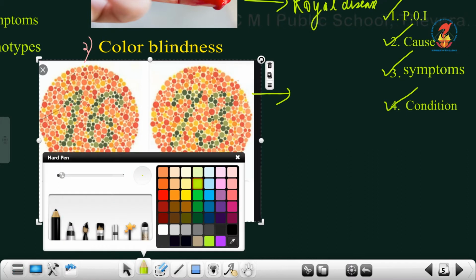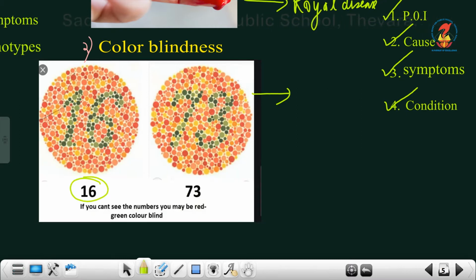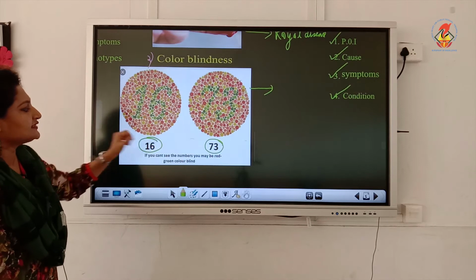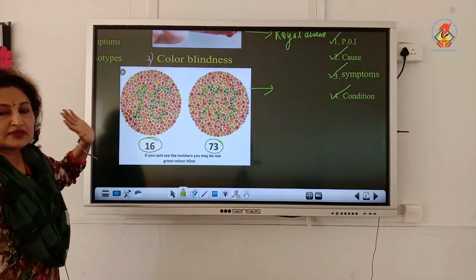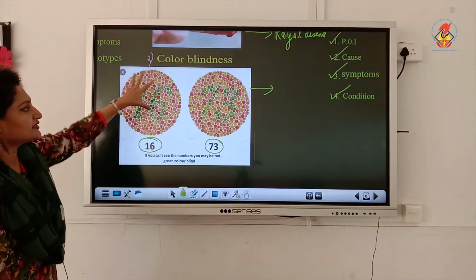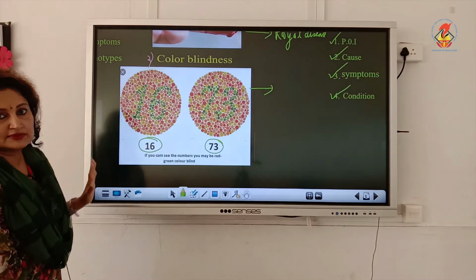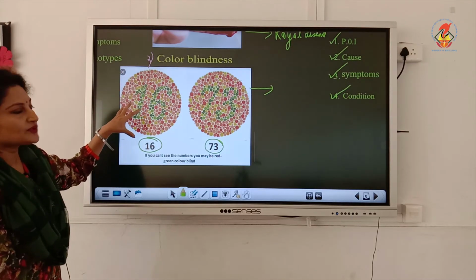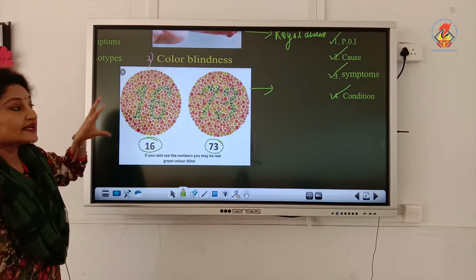If you can identify the number 16, you are not colorblind. Now, in this, what can you identify? If it's 73, you are not colorblind. But colorblind people will not read 16 or 73. They will read it as some other number, or they cannot identify these numbers from this Ishihara's template. Clear? So, this is a test to identify whether the person is red-green colorblind.